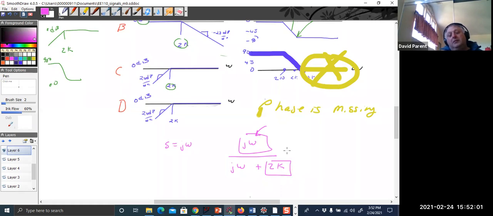That's two pieces of information, because I have a pole here and a 0 here, where I've got complex data, real and imaginary. If I only have magnitude, I've lost half the information. So you need magnitude and phase. To have a correct Bode plot, you need both, and both need to be done.